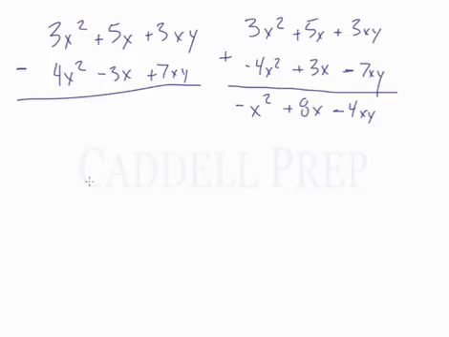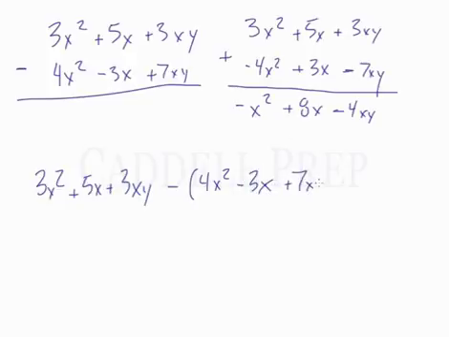And again, let's do this in a horizontal line. So we have 3x squared plus 5x plus 3xy minus 4x squared minus 3x plus 7xy.